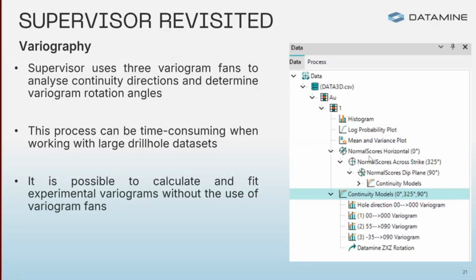But in practice, if you already know your rotations, or if, let's say, you are working on one domain with a number of attributes and all of them share exactly the same direction, you don't have to insert the variogram fans again and compute all that. This may be time consuming if the data is really large. So instead of that, we can insert the continuity models straight from the data using the rotations.